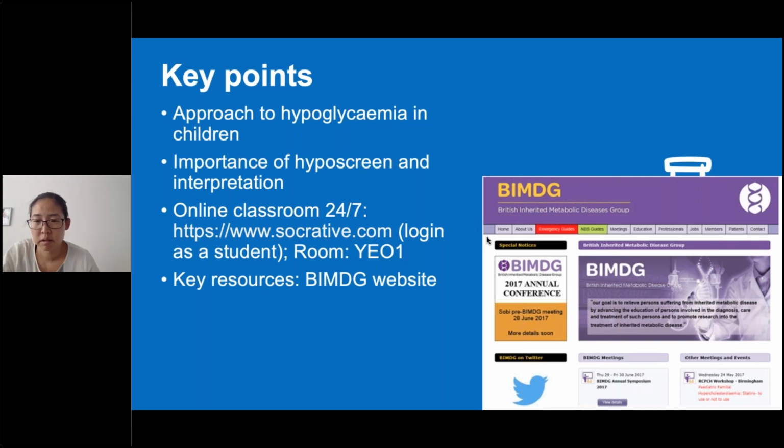Yeah, there's only a point doing it when they're hypo, by the way. If you did a hypoglycemia screen when they're on like 12 milligrams per kilo per minute and their blood sugar is completely stable, then it might not be very useful because your insulin is going to be suppressed anyway. And at that point in time, I would always say speak with the endocrine team because they do things slightly differently.